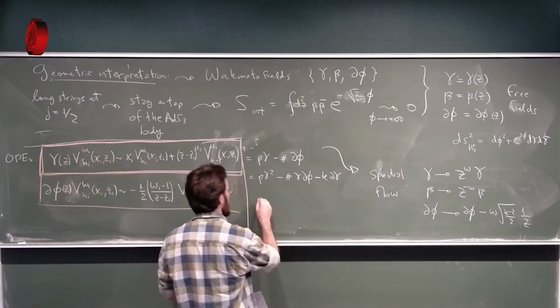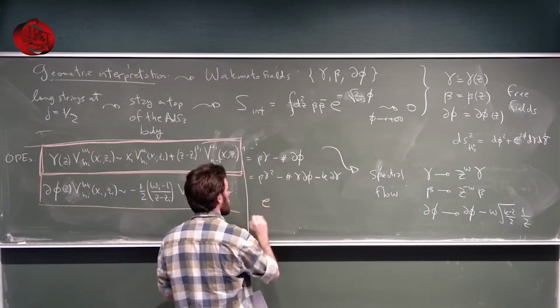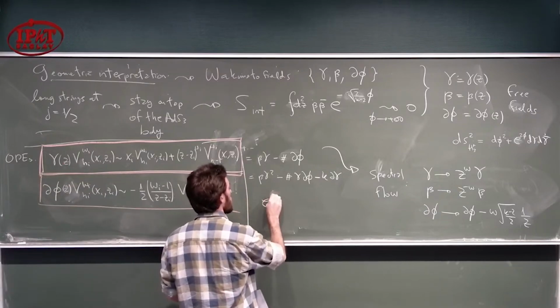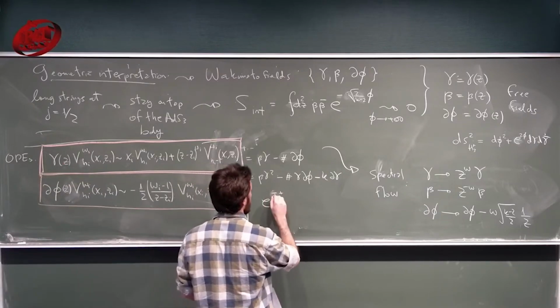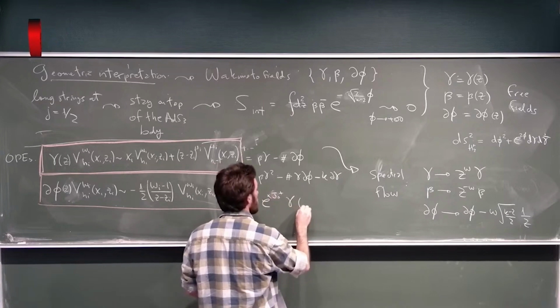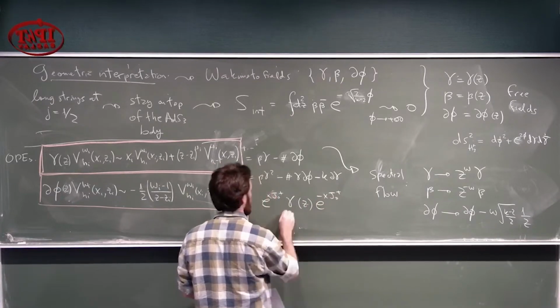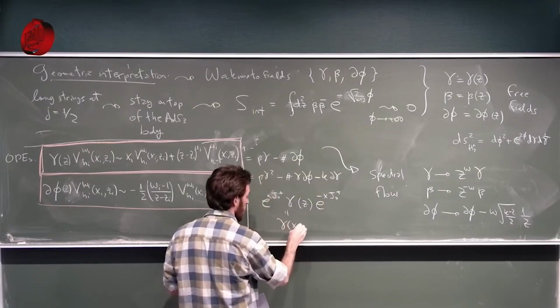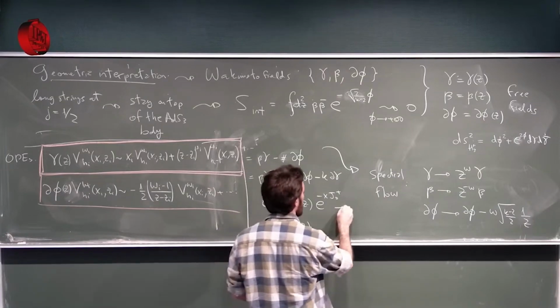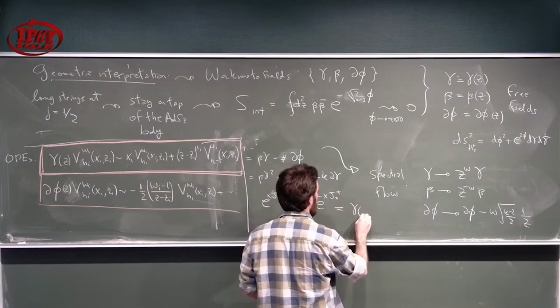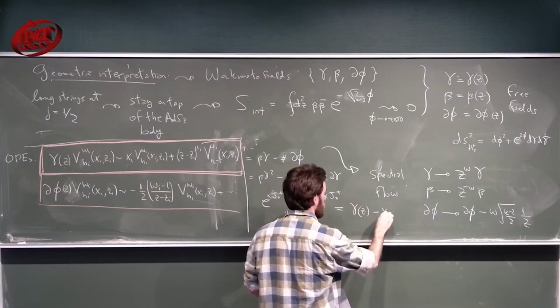And you can check that if you do the usual operations I was doing, you get just gamma of z minus x.